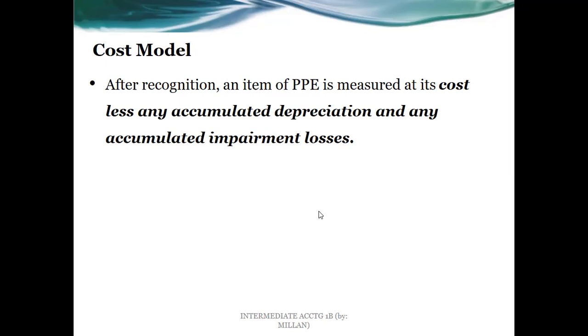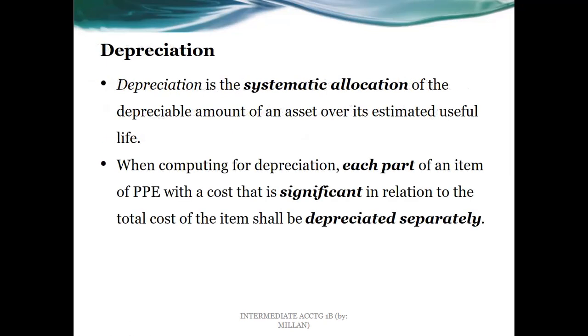All right, so followed by the depreciation, which, as explained, is the systematic or rational allocation of the depreciable amount of an asset over its estimated useful life. We do this because normally a property, plant, and equipment can be used for more than a year, and it would benefit more than a year also, more than one accounting period.